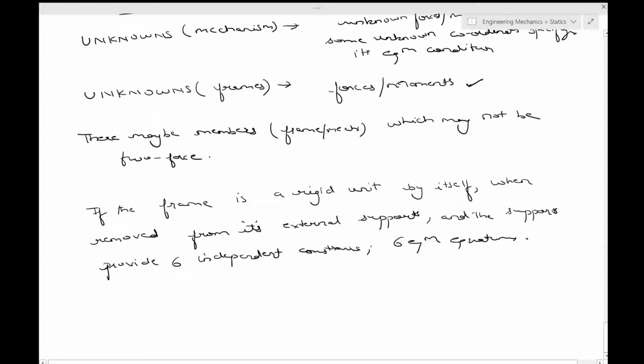So if the frame is a rigid unit by itself, okay, you have to mark out these words, then you have a situation like this. On the other hand, it may consist of rigid parts, but the system which you have selected, if it is not rigid by itself without the external supports, then the constraint reactions are clearly greater than 6 for a 3D case, and then using that you can make it a rigid frame.